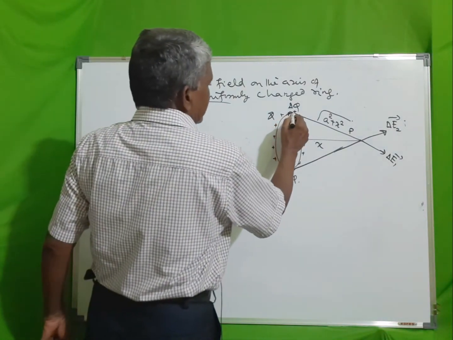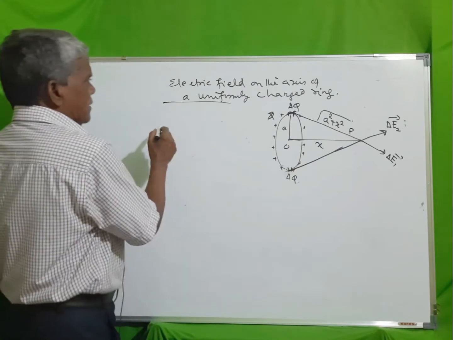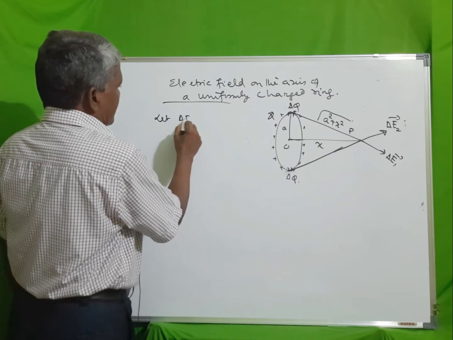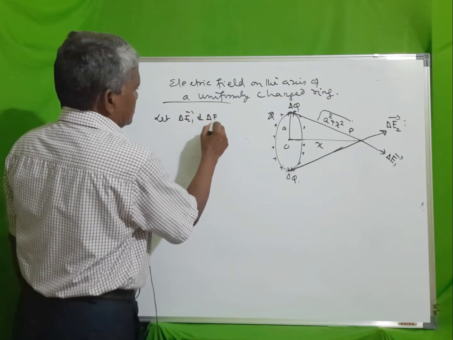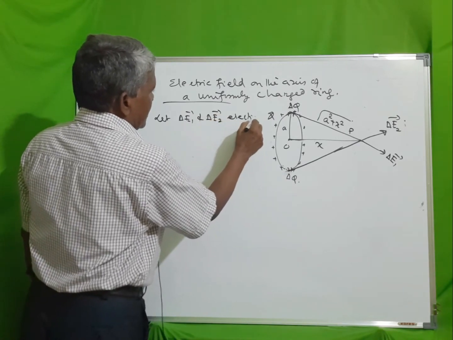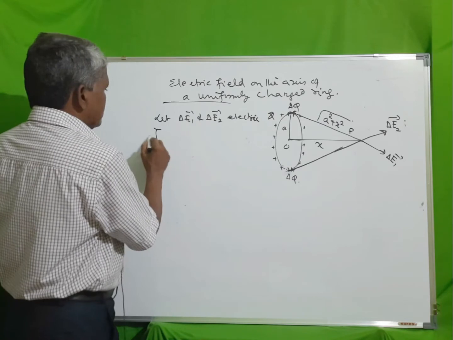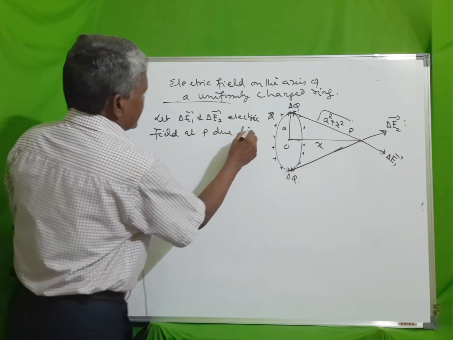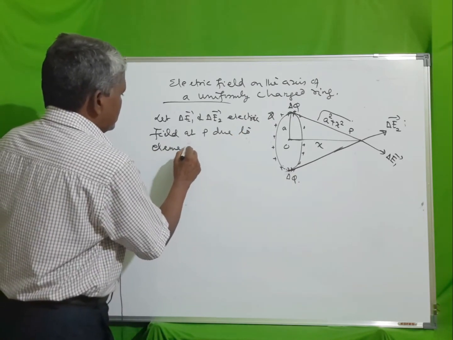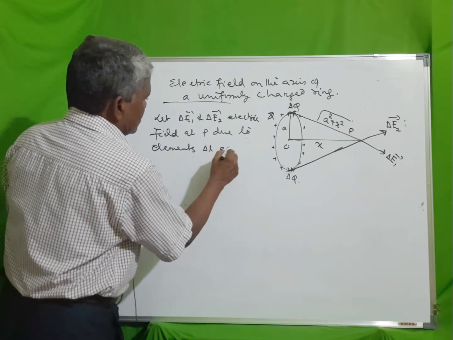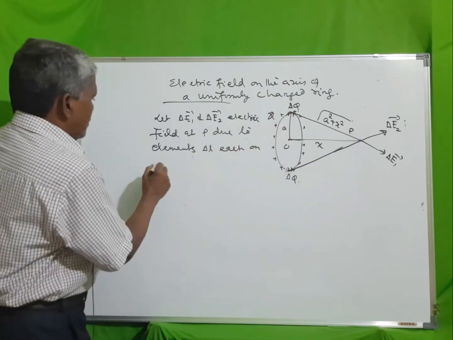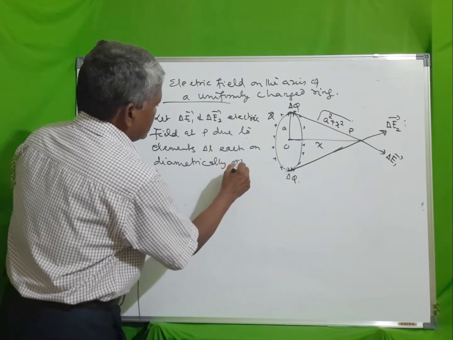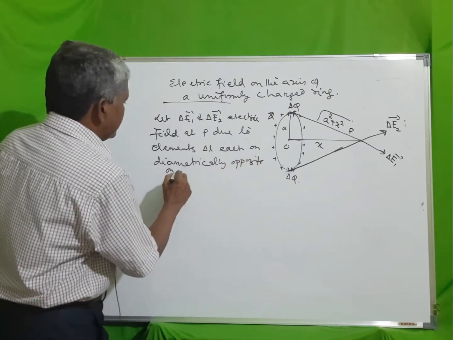If delta L is the element considered on the diametrically opposite side, let delta E1 and delta E2 be the electric field at P due to elements delta L each, diametrically opposite on the ring.